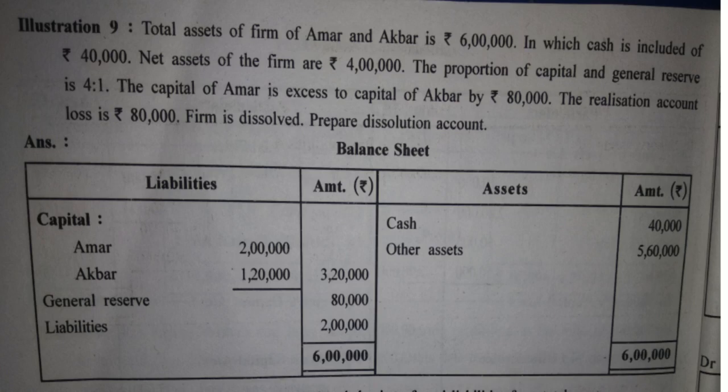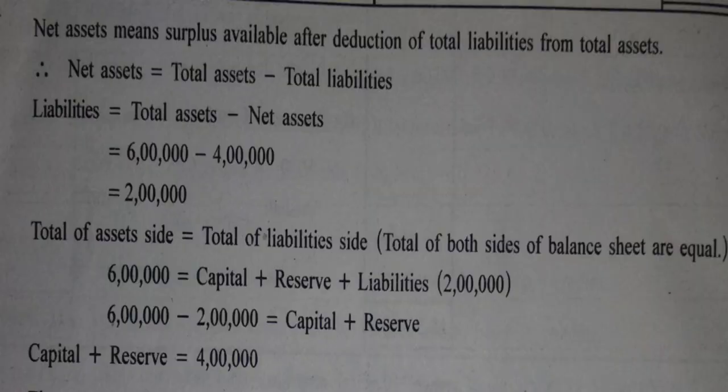Yeah. Then they say the proportion of capital and general reserve is 4:1. Net assets are 4 lakh. Okay, what is the formula for net assets? It is total assets minus total liabilities. Yes? So let us check the working notes.